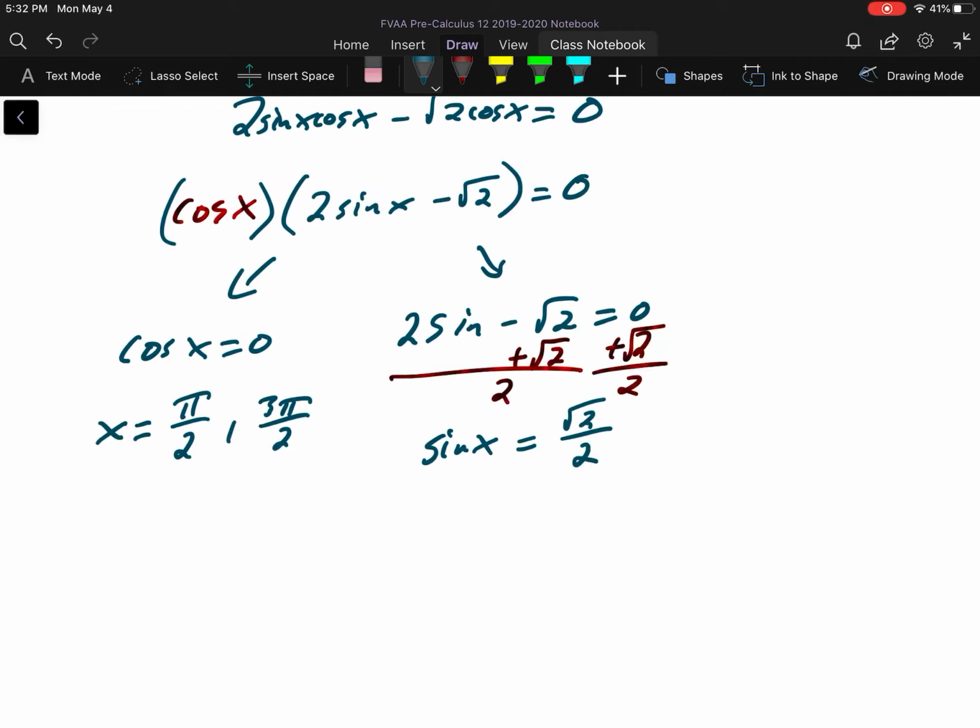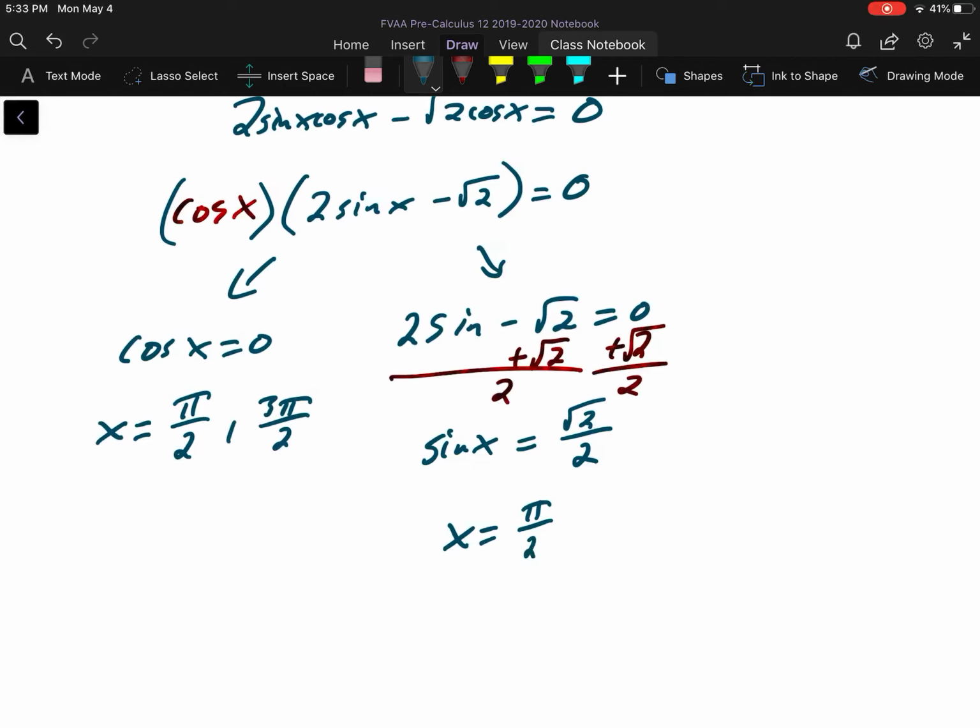I'm hoping that's a resounding yes that I'm hearing in the void. So where would this be true? Sine x, of course, is in quadrants 1 and 2 because it's a sine function. It would be at pi over 4, where the x and y values are both equal to root 2 over 2.